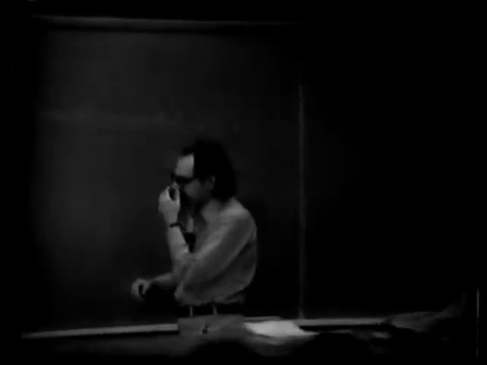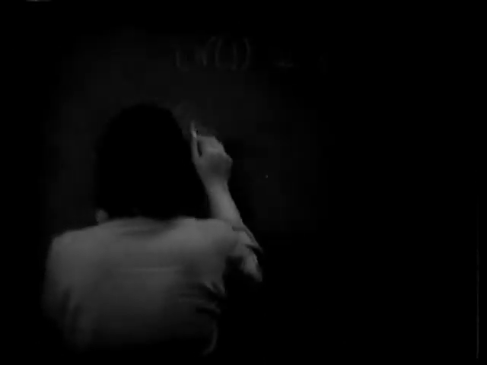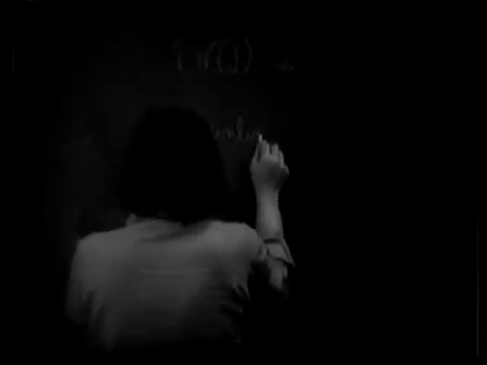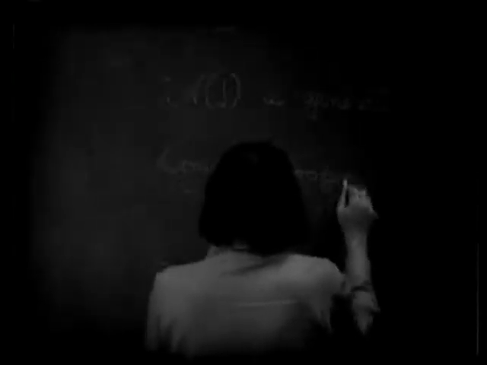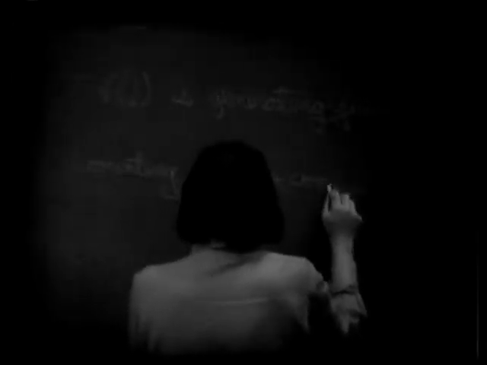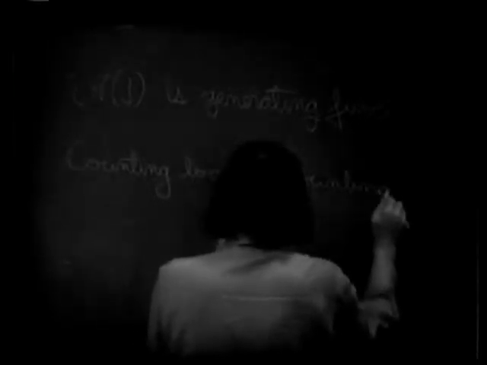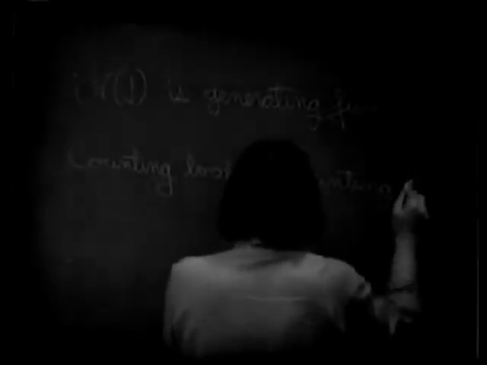Now, before I go on to discuss the generating functional for IPI Green's functions and how to construct it, I'd like to point out an amusing property of W of J, which could be described as counting loops and counting h-bars.